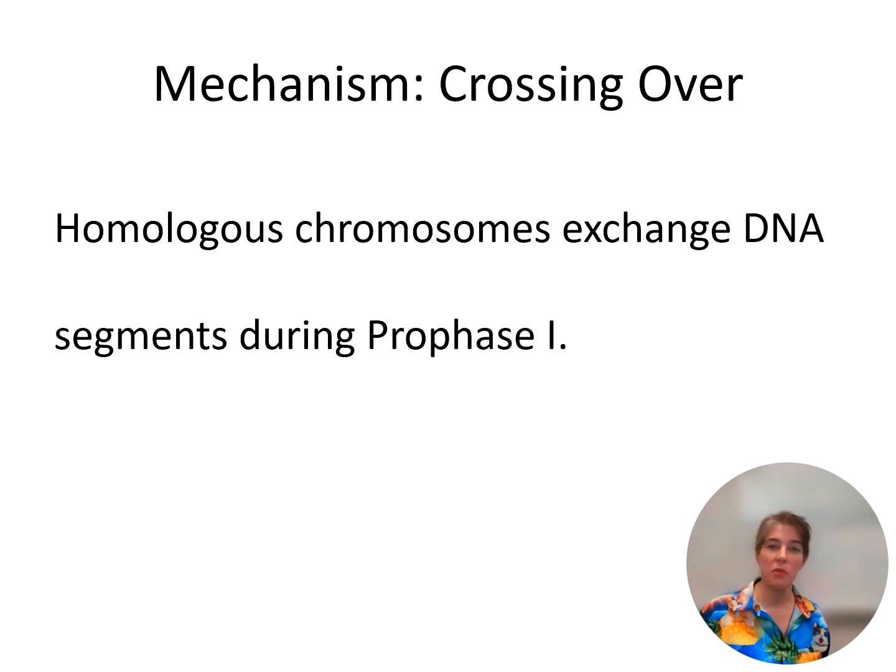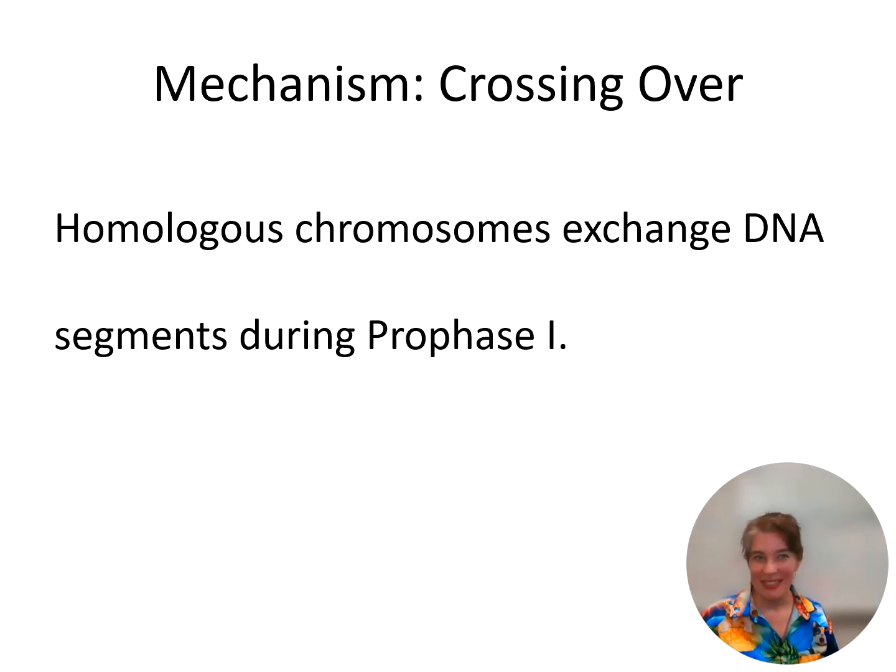The homologous chromosomes line up side by side, and this is a special step only in meiosis, not mitosis. They exchange DNA segments, so while paired up, they swap pieces of DNA with each other, and that process is called crossing over. One way to think about this is to imagine two strings of beads, chromosomes, and they're trading beads between each other.